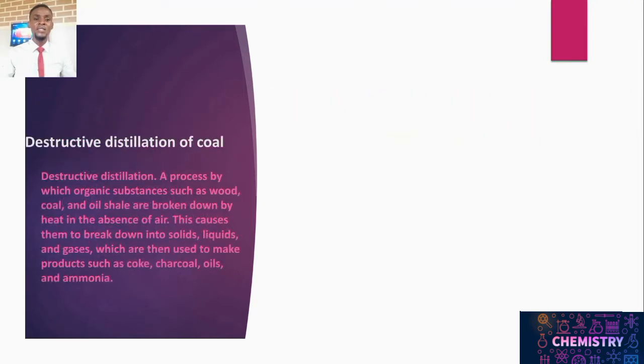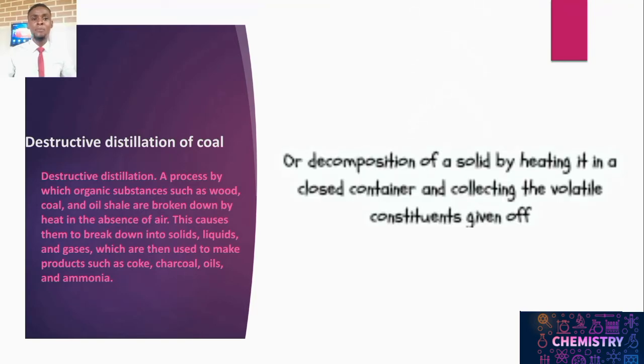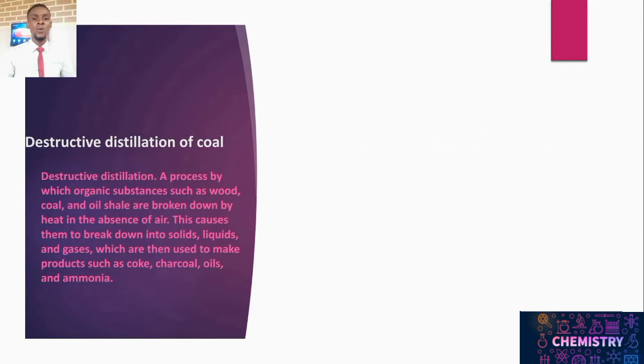Let's look at the destructive distillation of coal. Destructive distillation is a process by which organic substances are broken down by high temperature in a limited supply of oxygen. When we talk about destructive distillation of coal, we are most interested in the products.